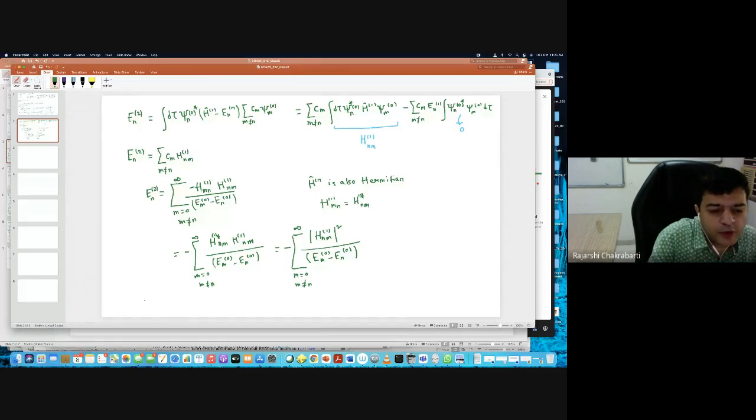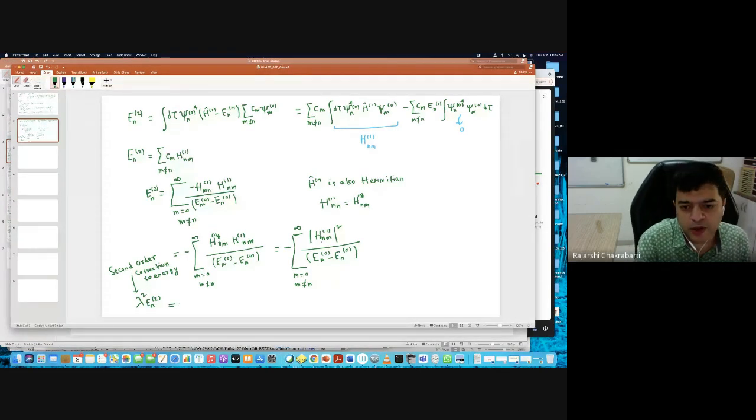Then what will be the lambda square En2? This is the second order correction to energy, no? What is this?